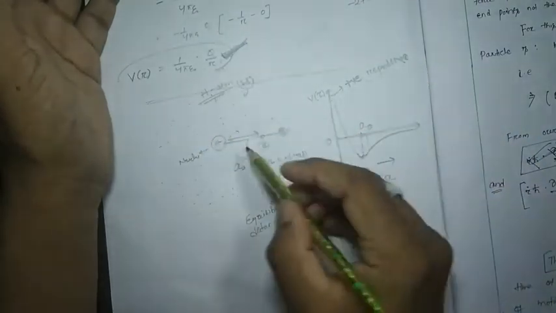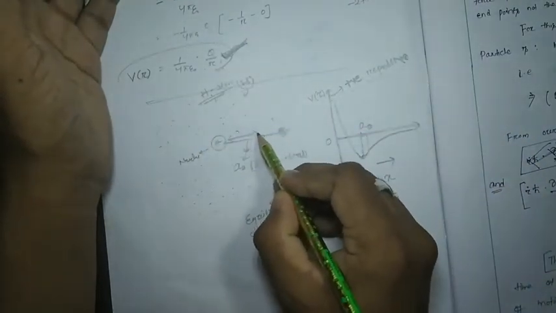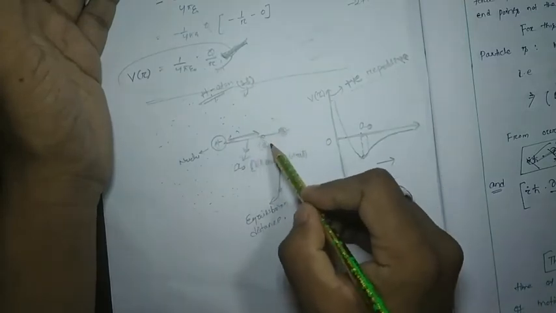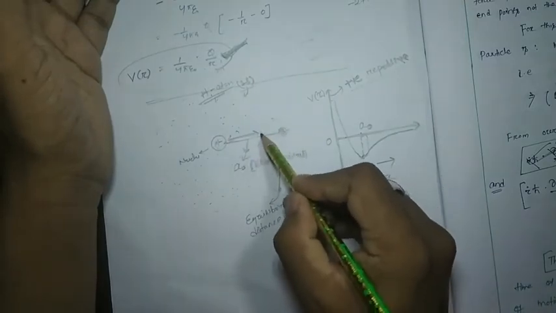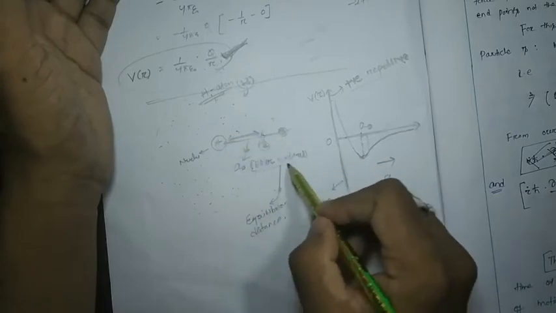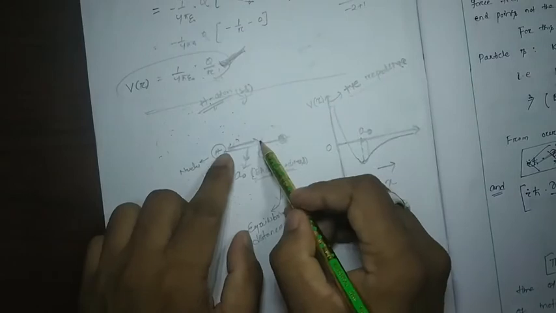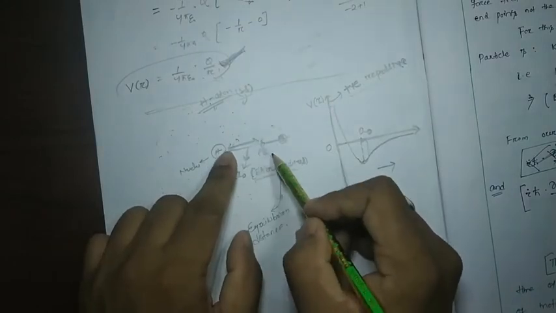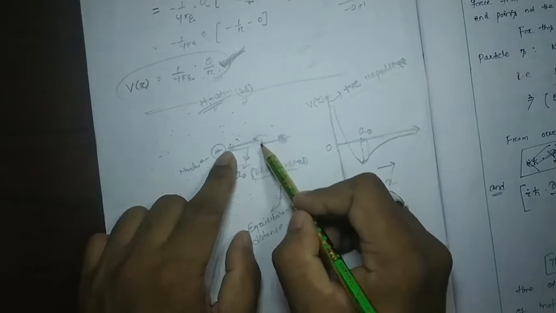However, the average equilibrium distance, where the electron will most probably be found, is called the Bohr's radius. This is the particular distance at which the electron can most probably be found.